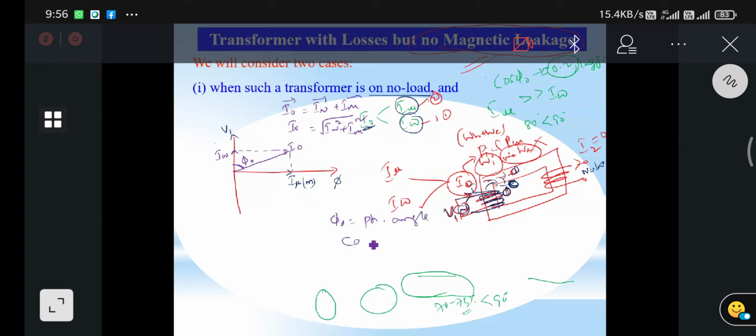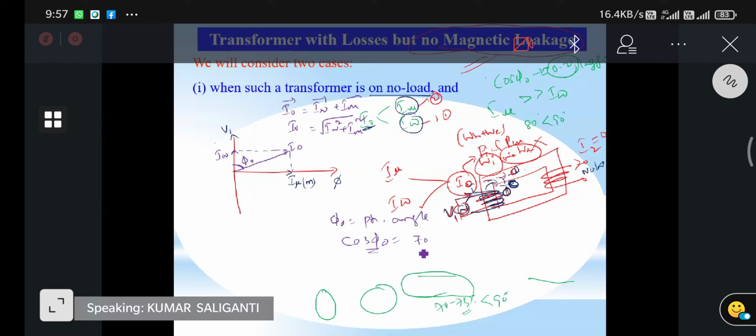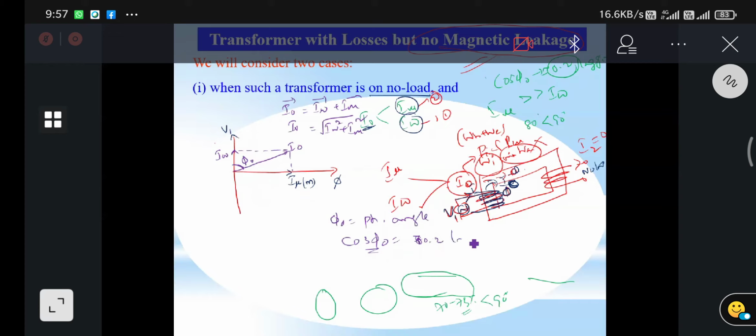The cos phi naught is the no load power factor. Generally the no load power factor will be approximately 0.2 lagging.